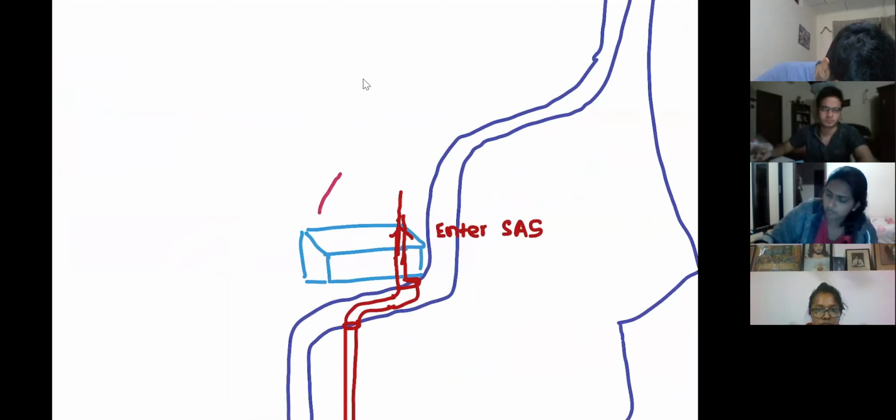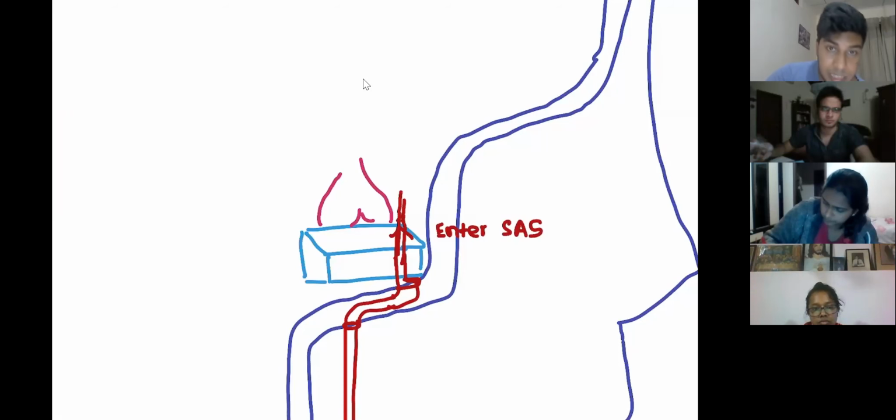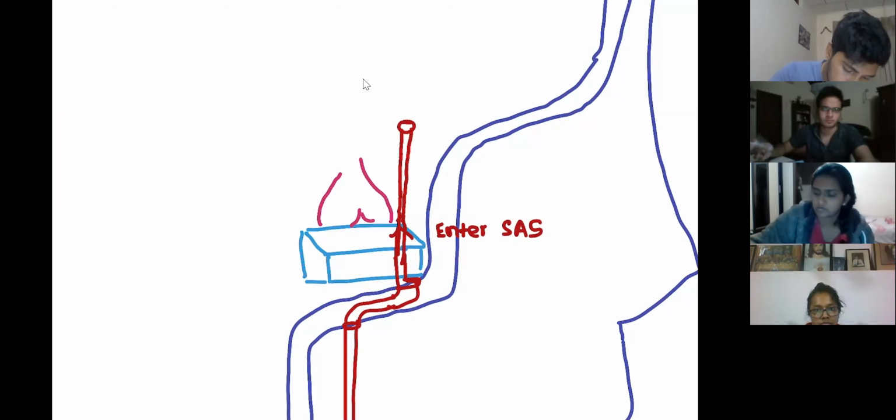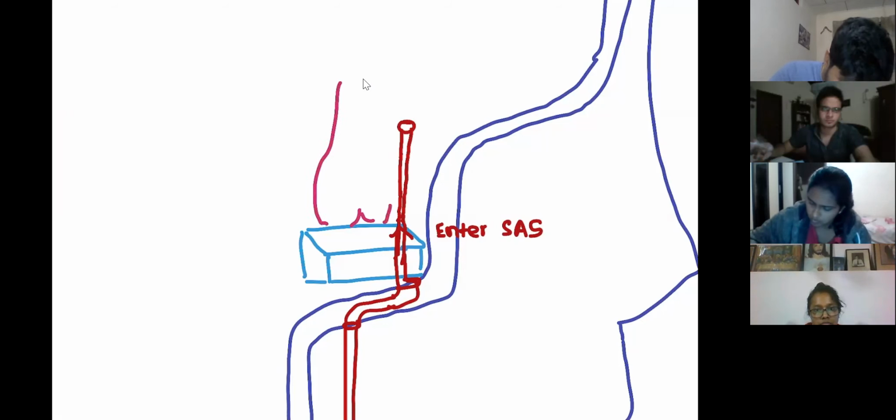Over here, we will have the pituitary on the side. And it comes here and stops. Let me go a bit higher to the point here. But it is basically between the pituitary.